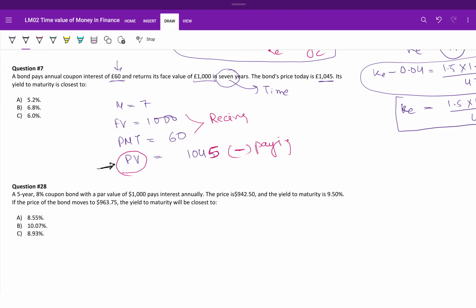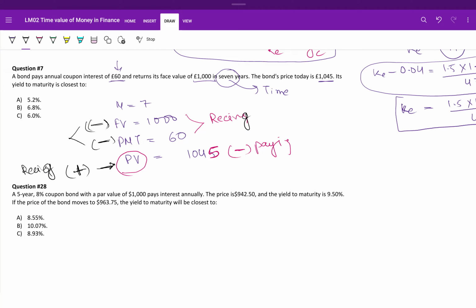So here you are saying that this is an inflow for you. Here you are receiving, and these values you are paying back to the investor. So totally different assumptions, but just understand the flow of the signs. Either way you will get a similar answer.